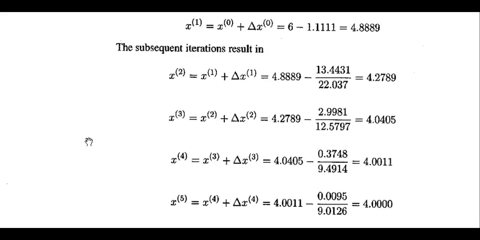So if we just wrap up all the concepts we have done, first of all, when you are given any nonlinear equation, you have to generate the derivative of that nonlinear equation. It might be single variable, it might be multiple variable.